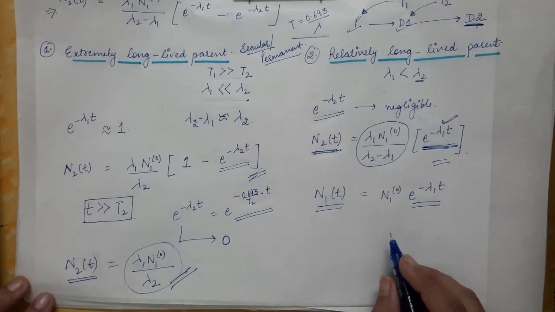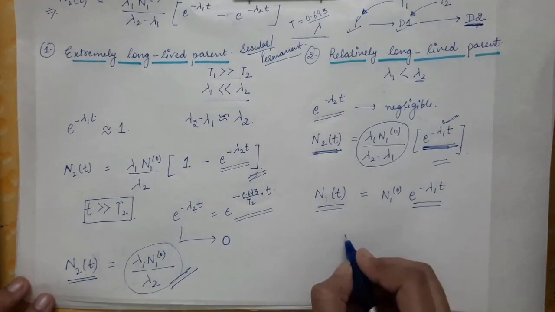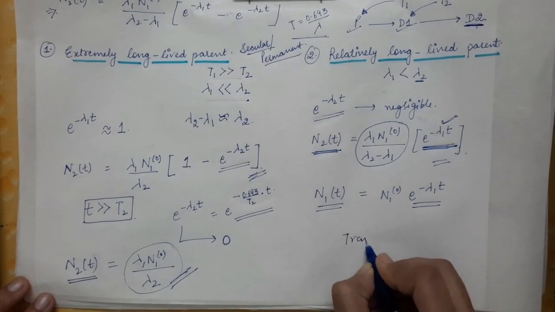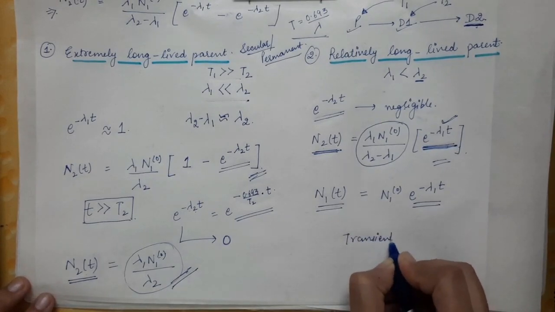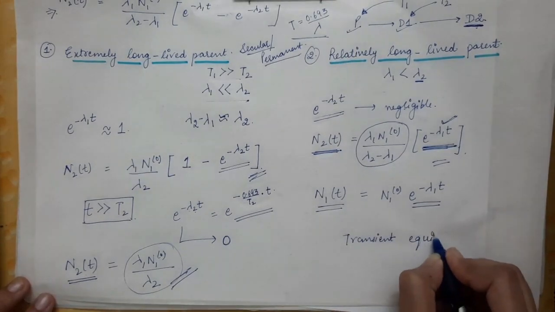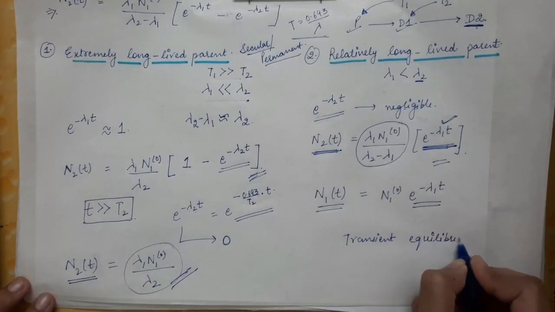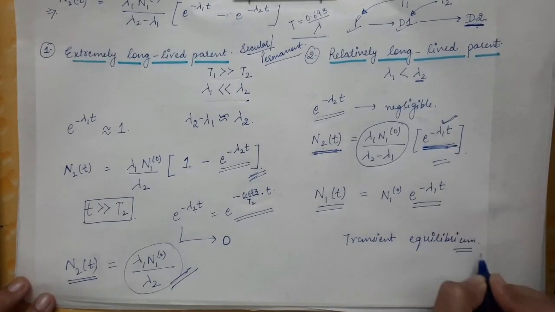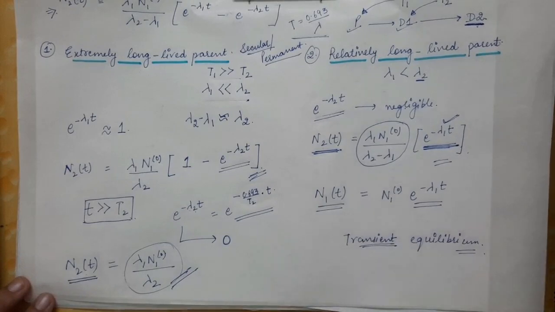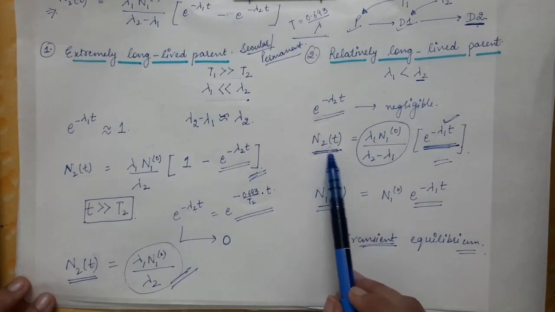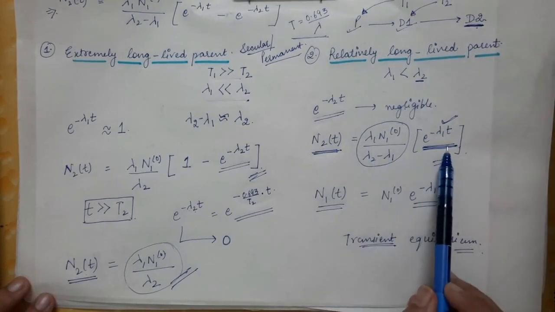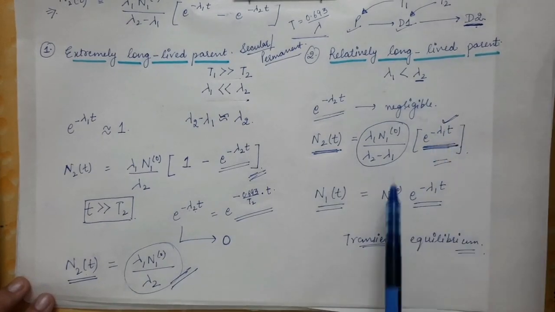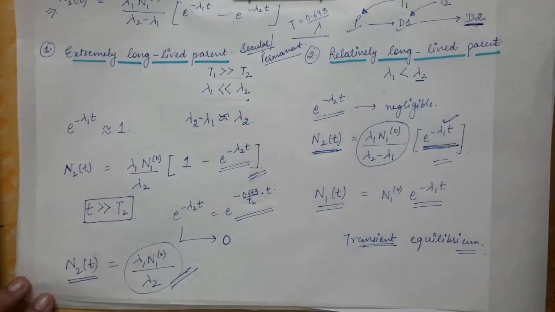This condition of equilibrium is called transient equilibrium, when the decay of the daughter nuclei is exponential with the same decay constant as that of the parent nuclide.